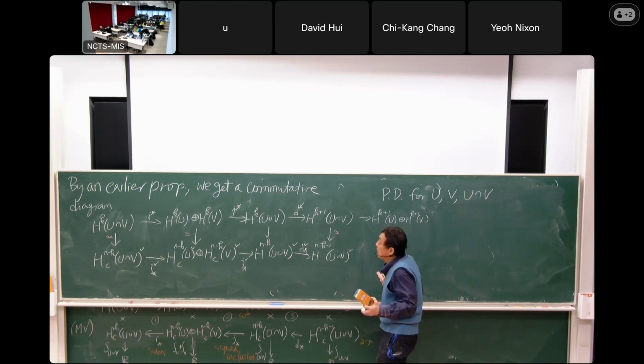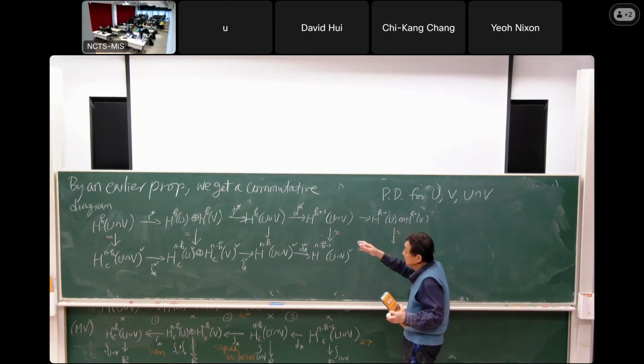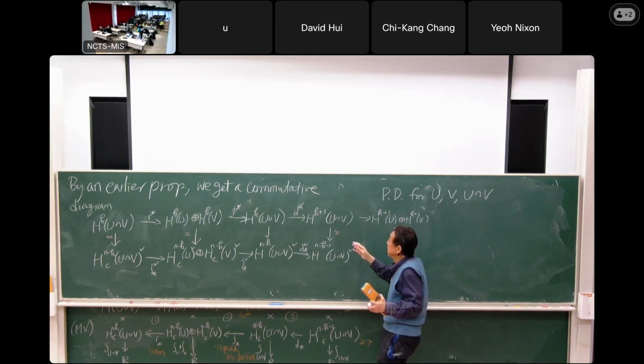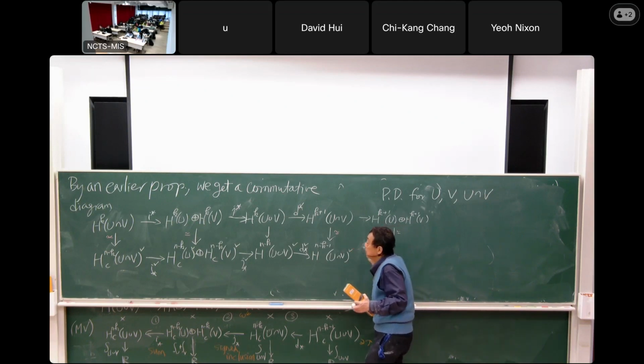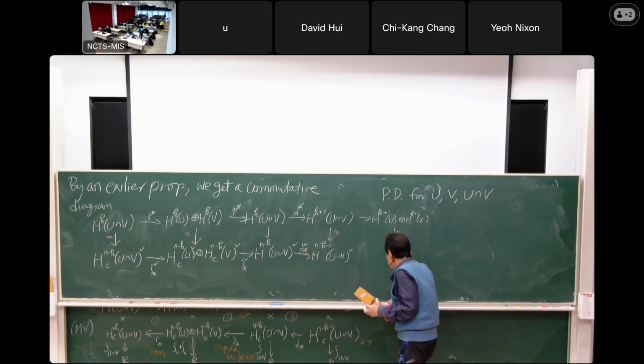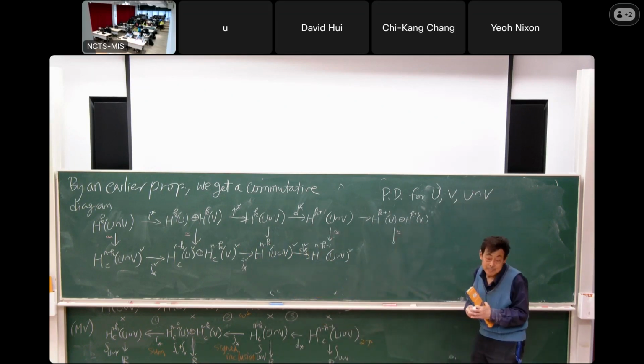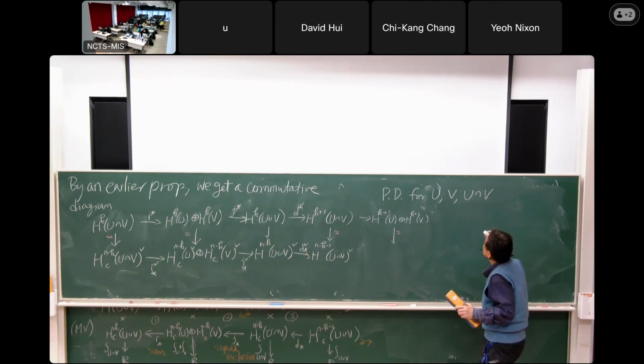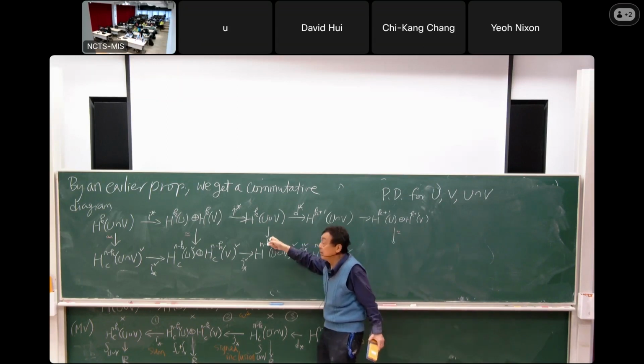So you get the two maps on either side of the cohomology of the union being isomorphisms. And then there's this five lemma, which I asked you to prove in the homework. You will get this center map to be an isomorphism also.